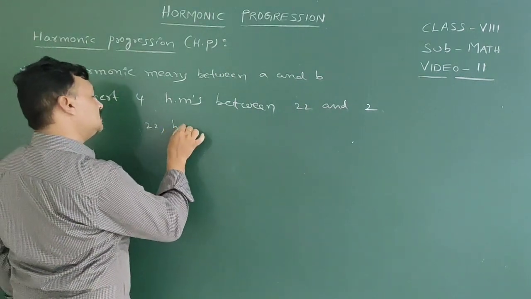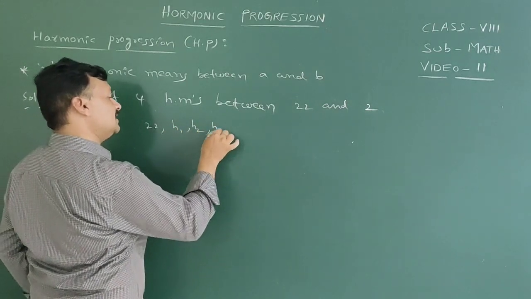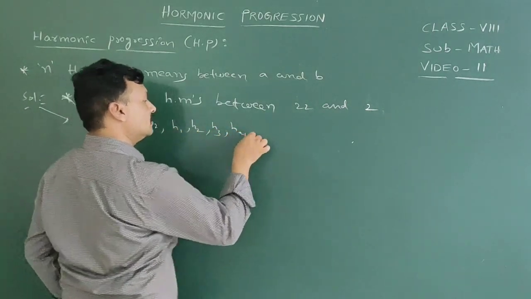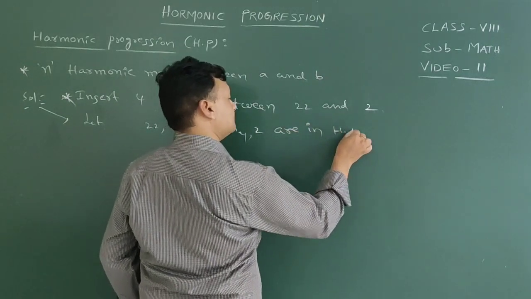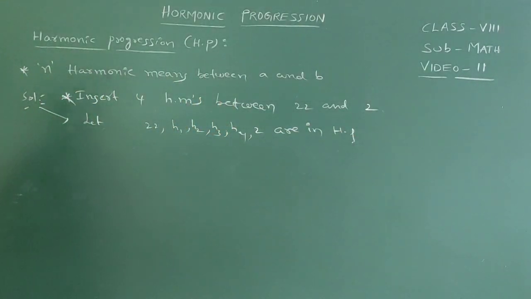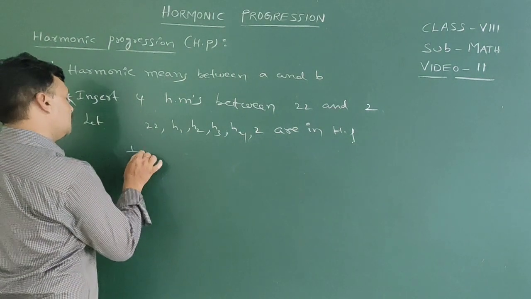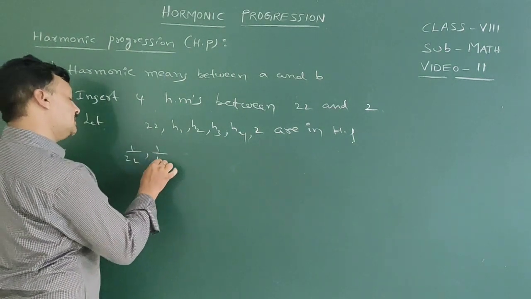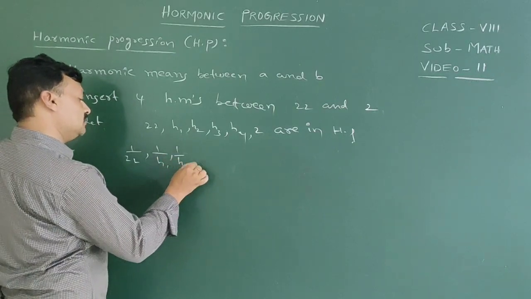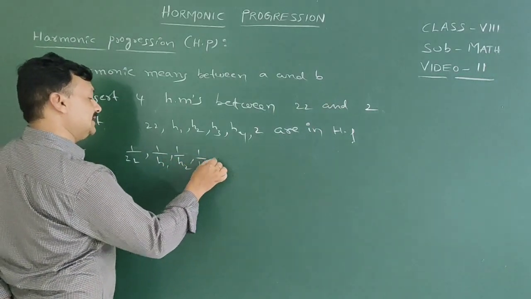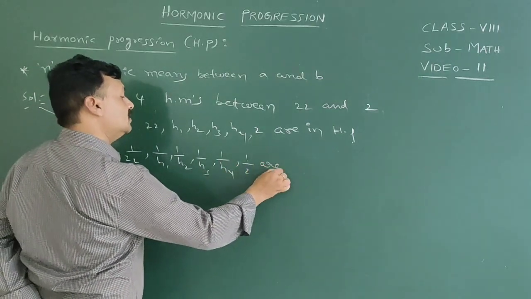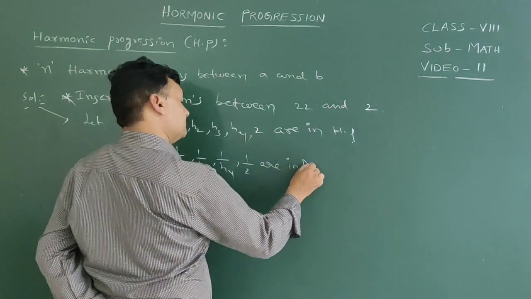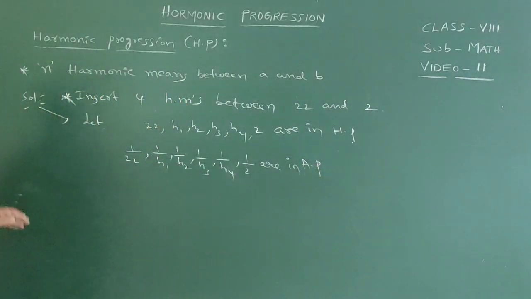Let 22, h1, h2, h3, h4, 2 be in HP, because we have to insert HMs. Now 1 by 22, 1 by H1, 1 by H2, 1 by H3, 1 by H4, 1 by 2 are in AP.